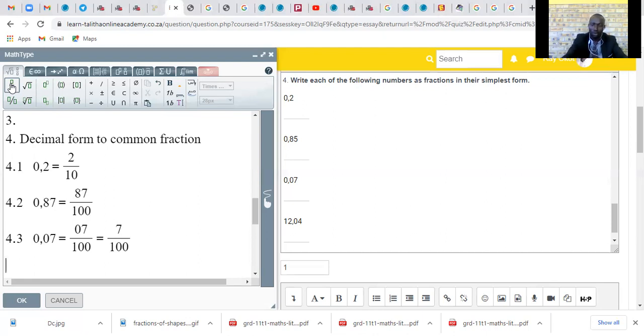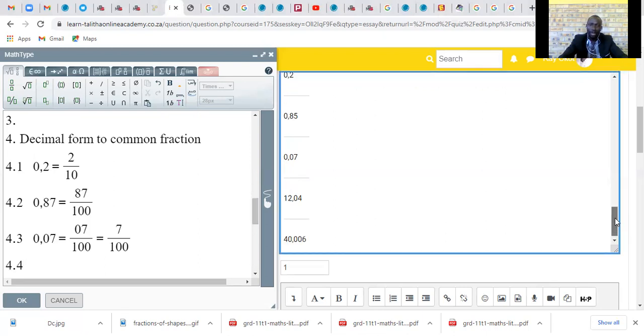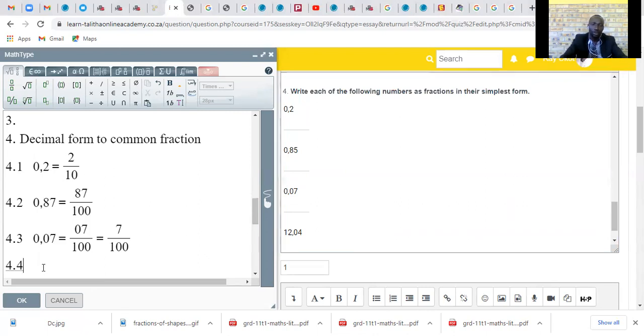Now, the next question, which is question 4.4, is 12.04. So how do we write this then? Well, 12.04 can also be written in a fractional notation. How will it be then? Okay, let's see. We have 12.04.